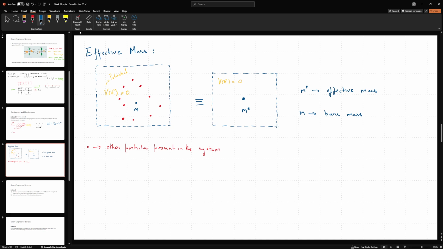So this is the idea of effectiveness. Whatever interactions we have, we average all of them out and add their effect to the mass, which is why I can also have a negative effective mass. The situation for that is, as I told you before, consider a bubble trapped in a bottle of water. The bubble is full of air molecules, and Earth's gravity acts upon that bubble as well. However, since it is surrounded by water molecules whose density is significantly higher, the bubble will actually rise inside the water.